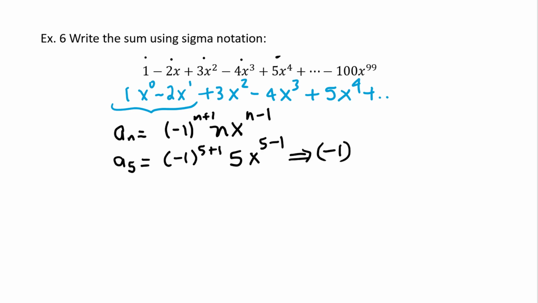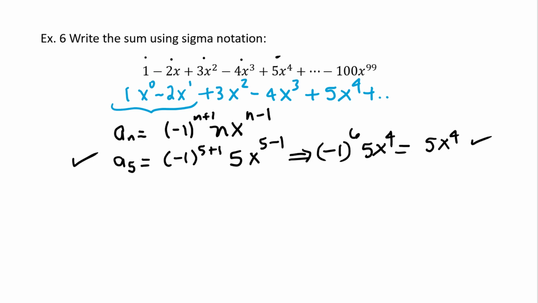I have negative 1 raised to the 6, 5x to the 4th, and negative 1 to the 6th is just positive 1. I get 5x to the 4th, and I at least have a check for the fifth term. It's a good thing to always do that.